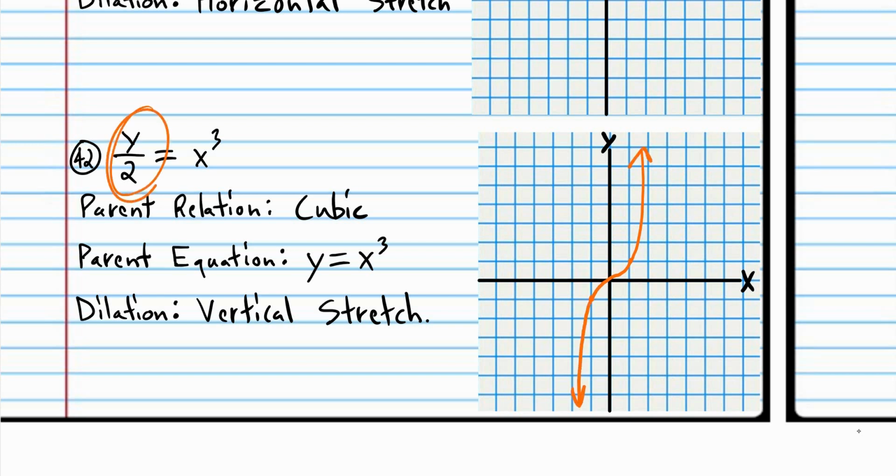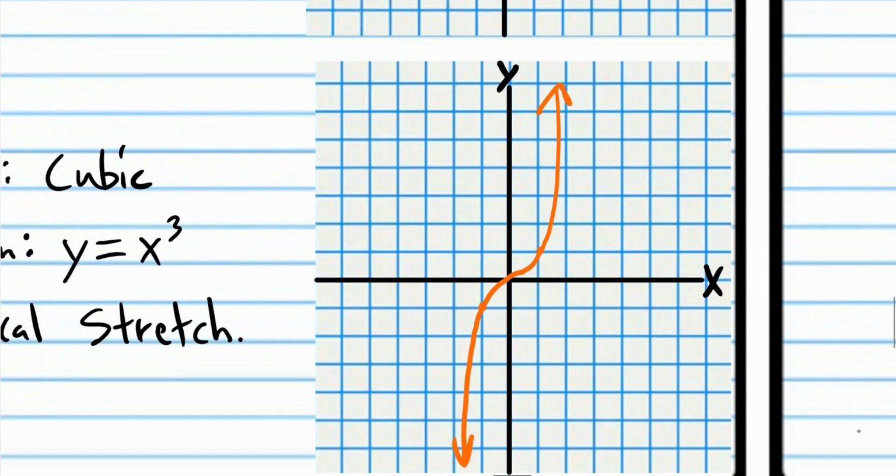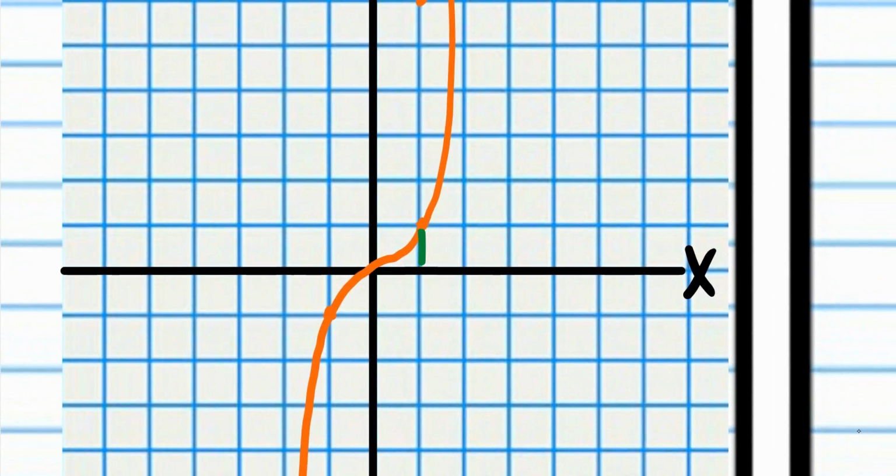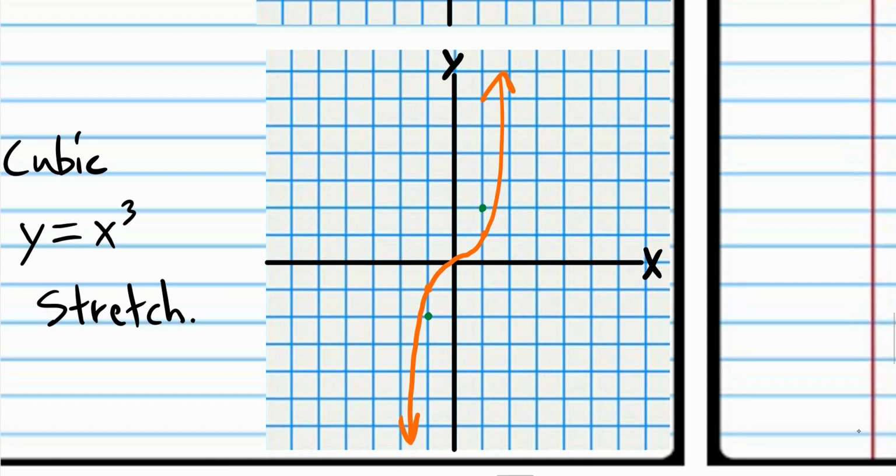But we're going to take all the y values of the points on that graph, and we're going to multiply by 2, the exact opposite of what you would think it would be. So I'm going to multiply this y value by 2. That y value is 1, so you multiply it by 2 and you get 2. This y value is negative 1, you multiply it by 2, you get negative 2. And I think that's going to be it.